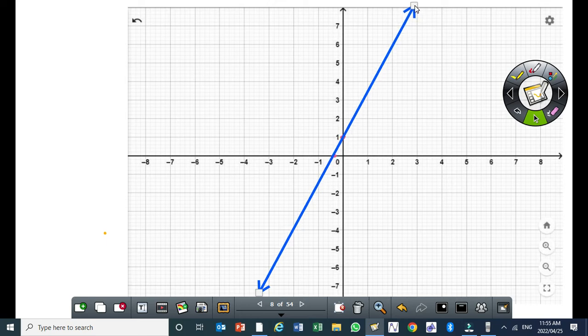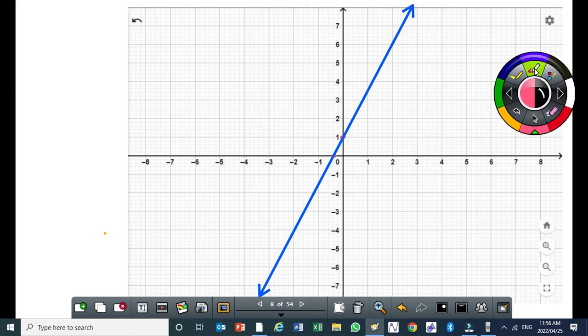It's a little bit of a challenge, but it's something like that. So this is my straight line. Then I need to label it. So that will be f of x equal to 3x plus 1.